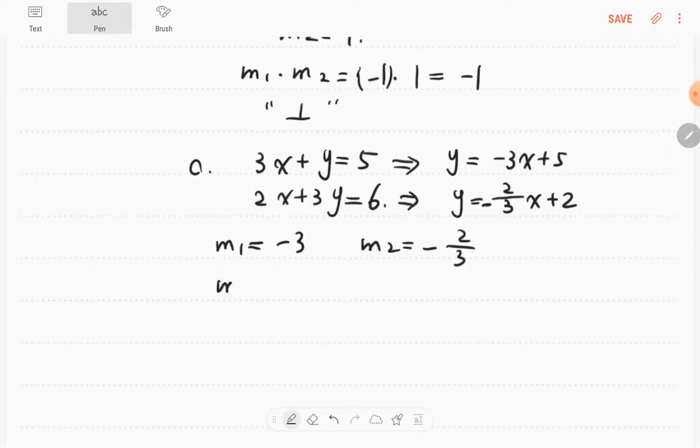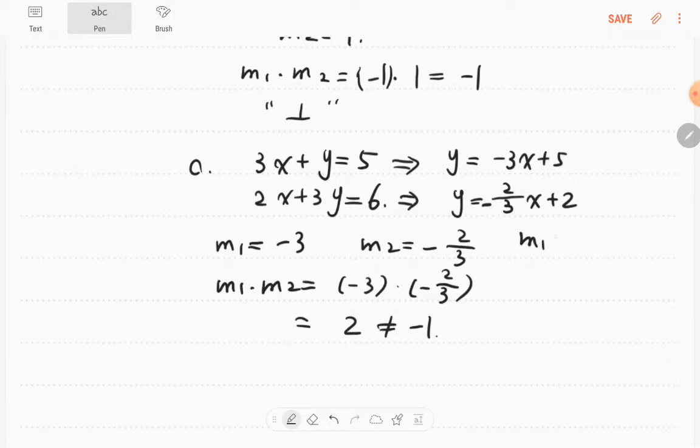Then we check the product of these two to see if it's equal to negative 1. In this case, we got it's just 2. It is not equal to negative 1.